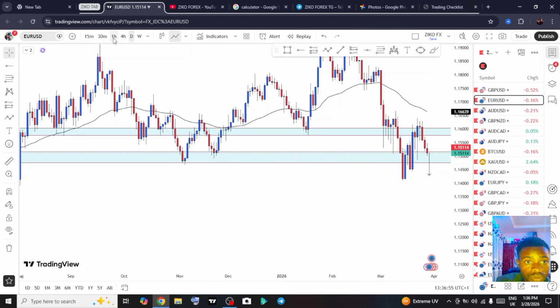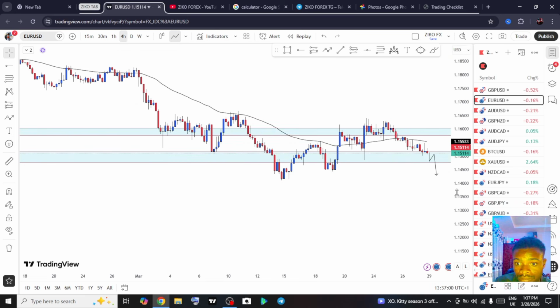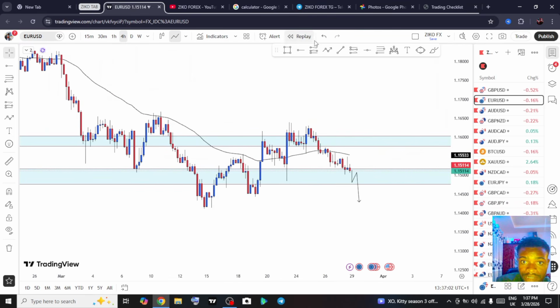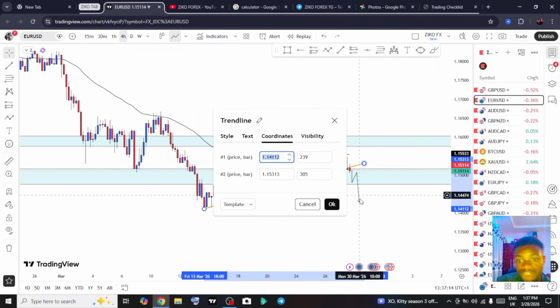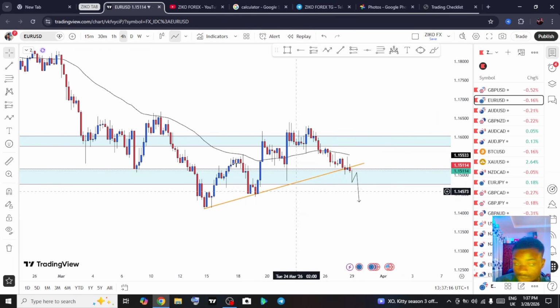Okay, so all right, so we have a trend line that I can see now. So we'll draw that trend line for clear perspective. So let me draw it right here. So this is the trend line. So this is the trend line right here, right? So I think anything below this trend line is safe to sell.